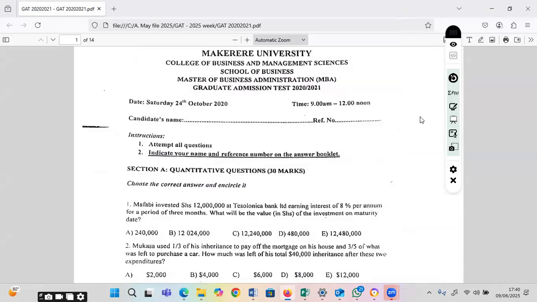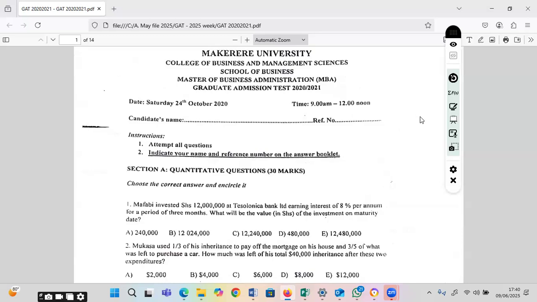What will be the value in shillings of the investment on maturity? So when you look at such a question, that question is going to remind you about the principles of what we call simple interest and then principles of compound interest.